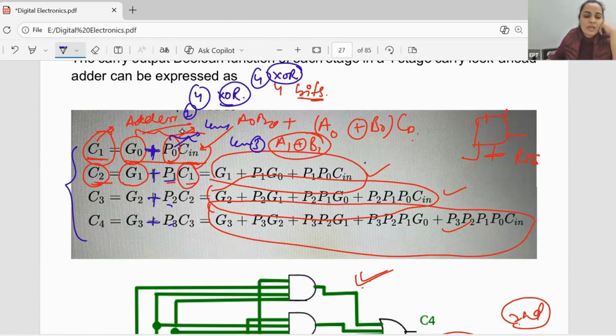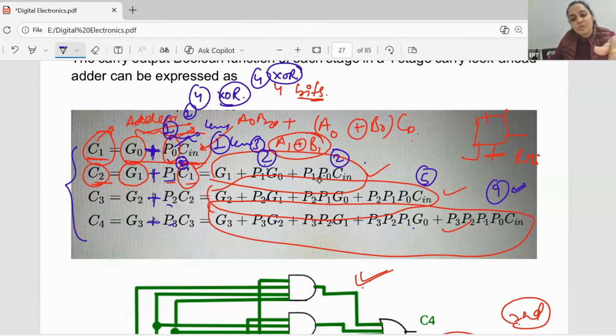Now AND gates: here in this expression we need 1, 2, 3, 4, 5, 6, 7, 8, 9. So 9 gates required here.